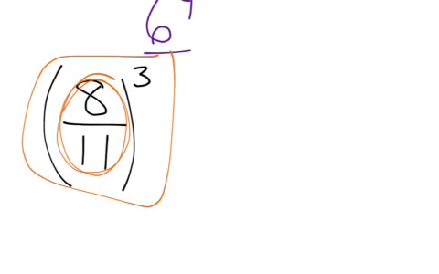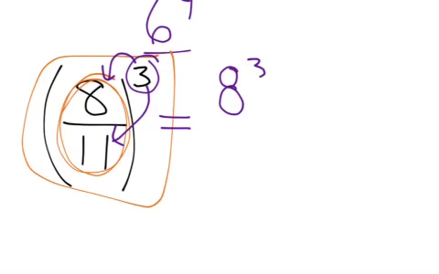So we can use the power of a quotient law because we're dealing with a base that has multiple numbers that are being divided within brackets. So that means we can distribute the 3 to both the 8 and the 11. So the expanded form of this would be 8 to the power of 3 divided by 11 to the power of 3.